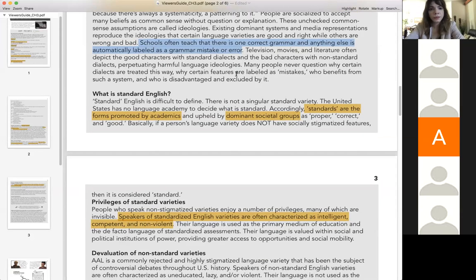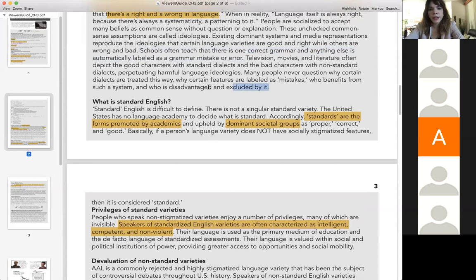So again, also something else that's really important that's mentioned in this film is the idea that many people in disadvantaged communities are excluded, not just in the representation of a language. So for instance, in the construction of what is considered standard English, again, we said it's based on the language of the privileged, of the elite, of the white, male, academic, okay?